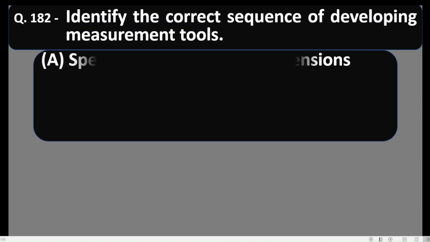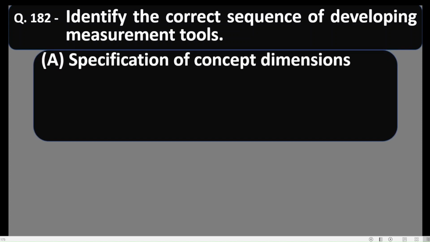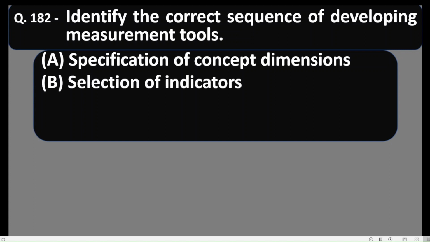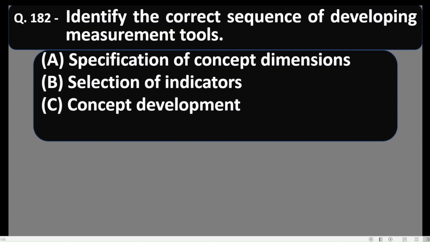Question number 182. Identify the correct sequence of developing measurement tools. A. Specification of concept dimensions. B. Selection of indicators. C. Concept development.